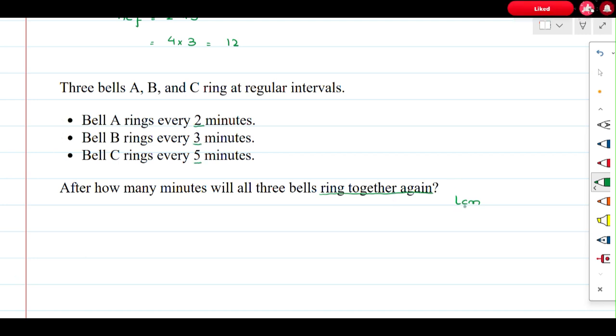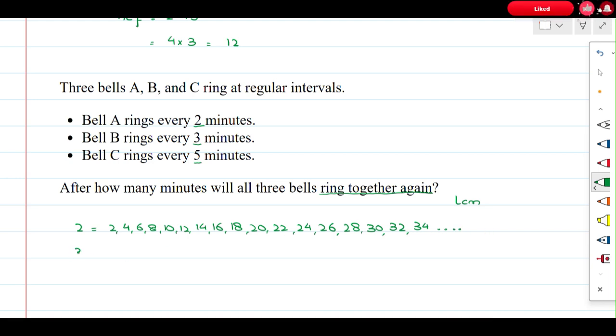The lowest common multiple, right? So let me list the multiples of 2: 2, 4, 6, 8, 10, 12, 14, 16, 18, 20, 22, 24, 26, 28, 30, 32, 34 and so on. These are the multiples of 2, because multiples are infinite.